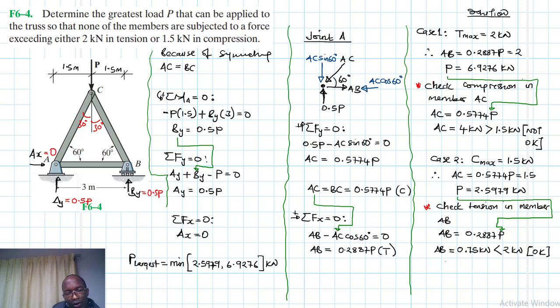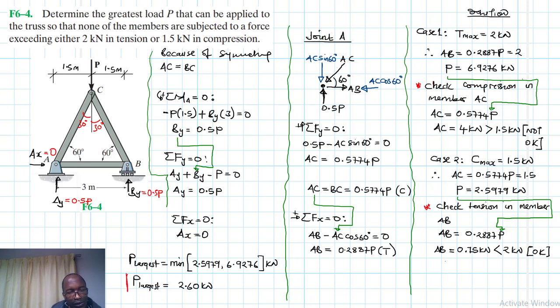From these two values, our P largest is the minimum one, because it meets both those conditions. We round off 2.59, it becomes 2.60 kilonewtons.